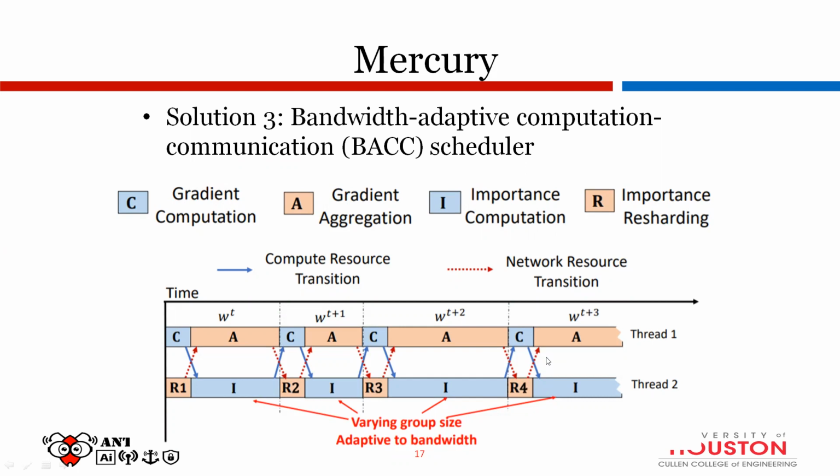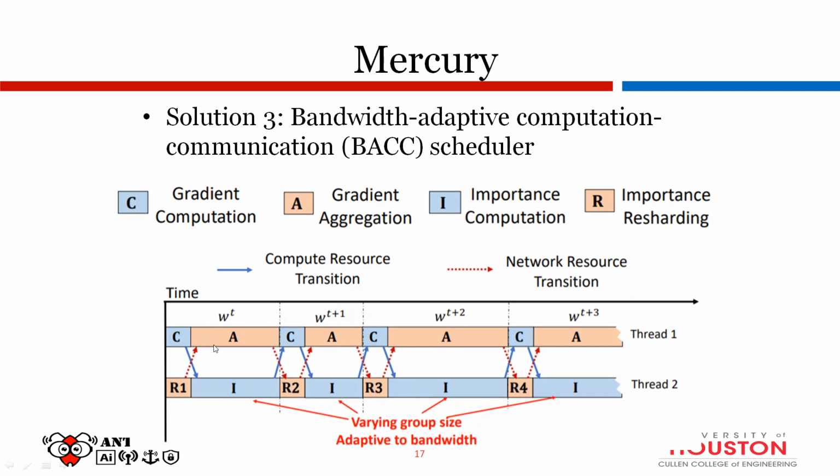Okay, so in this case, only the importance resharding needs to be done after the aggregation. The other ones you can actually do in a parallel way. So for example, you do the computation first, and after you do the computation, you can already do the aggregation on this thread, right?